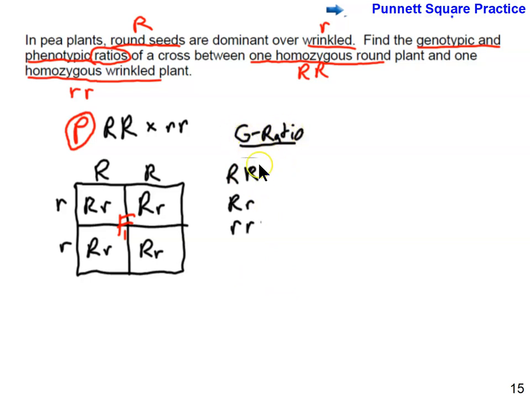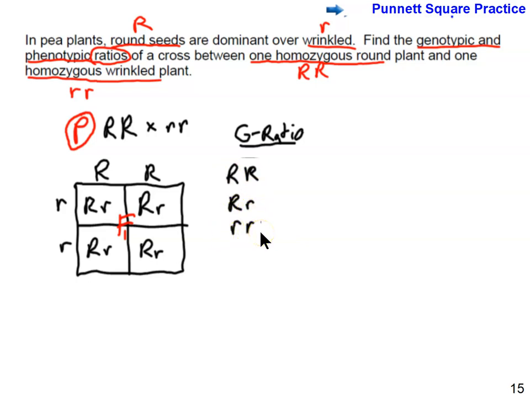For the genotypic ratio, you want to list all the possible genotypes. And I'm not talking about the possible genotypes within the Punnett square. I mean all possible combinations of the alleles in the cross. So there's a possibility of getting big R big R, big R little r, and little r little r. In other words, homozygous dominant, heterozygous, homozygous recessive.